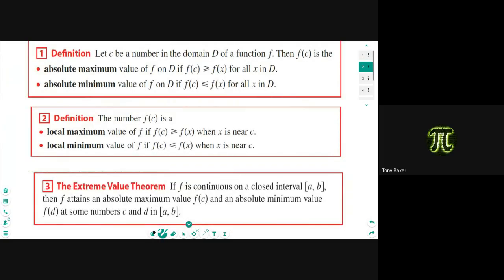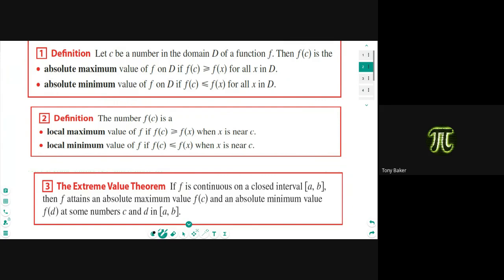All right, here's just a few quick definitions. Absolute maximum or minimum is the value of f in the domain where every single other value is either less than it or greater than it, depending on maximum or minimum.